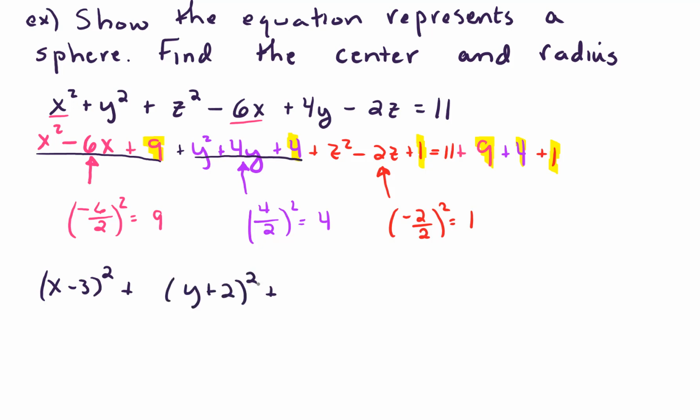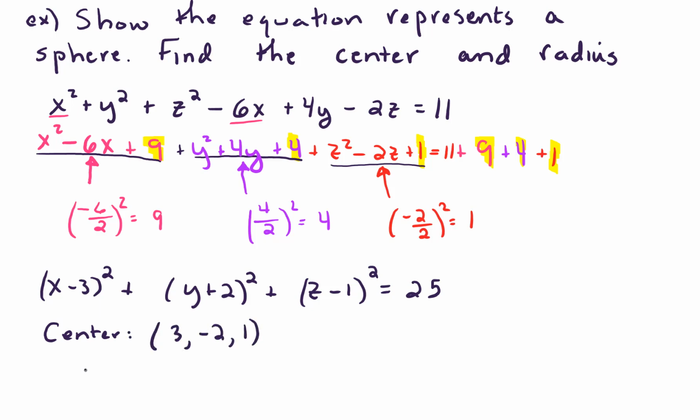And then the same thing in z, this is z minus 1 squared. And on the right hand side of the equation, let's see, I have 11 plus 9 is 20 plus 5, that's 25. And so the center is located at (3, negative 2, 1), and our radius equals 5.